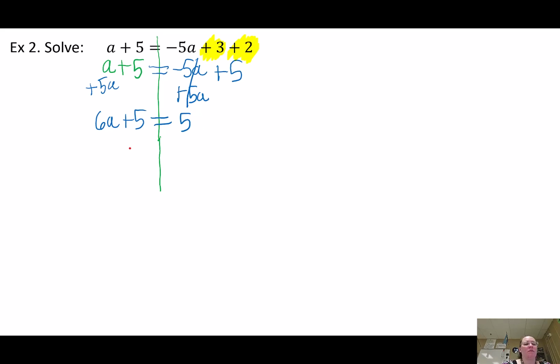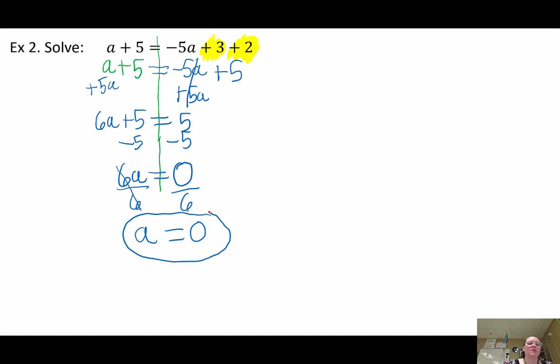From here, minus 5 on both sides. So 6a equals, well, 5 minus 5 is 0. Divide both sides by 6. So I get a is equal to 0. So my solution there, a equals 0.